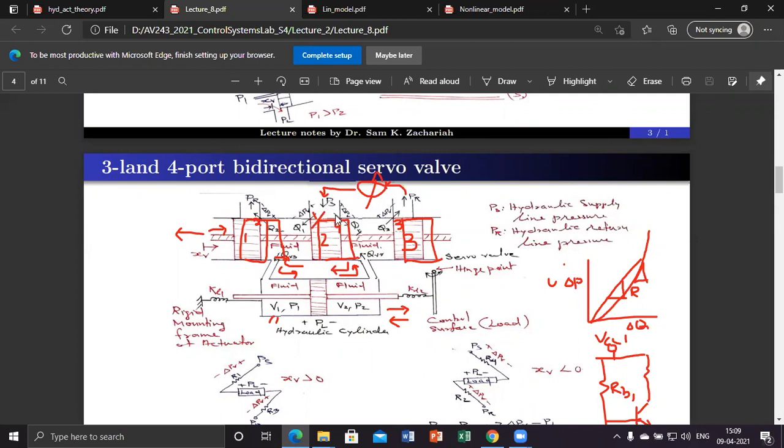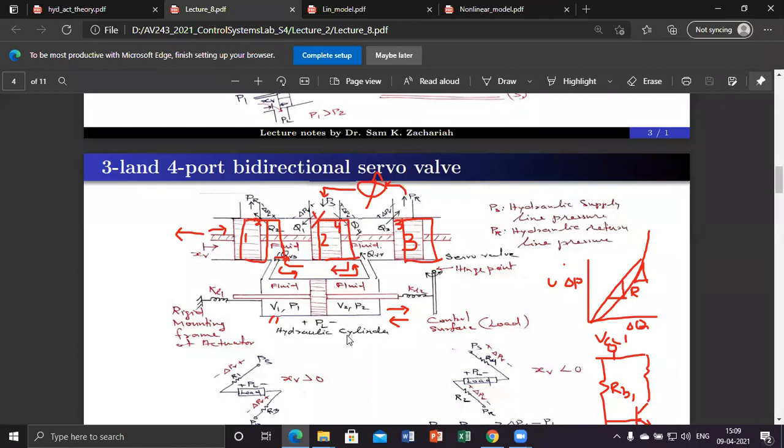It will be divided equally while passing through these chambers. Finally, there will be 100 bar pressure here and 100 bar pressure here. And here there is a drop of 200 bar to 100 bar, and here there is a drop of 100 bar to 0. So both the drops are equal, delta PV are equal. Now the flow is 0.